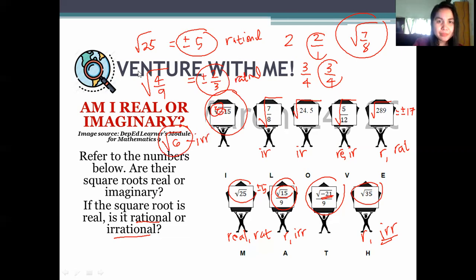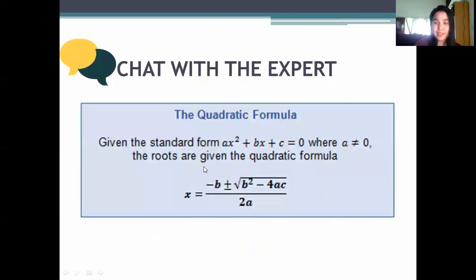Now, let's go to the main lesson. Our main lesson today is about the discriminant. And let's review the quadratic formula. Yesterday, you had the quadratic formula, right? In the quadratic formula, this one inside, the b squared minus 4ac, is called the discriminant.